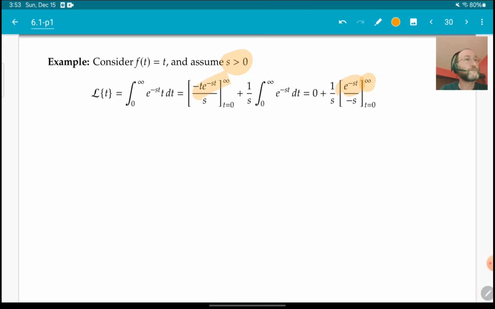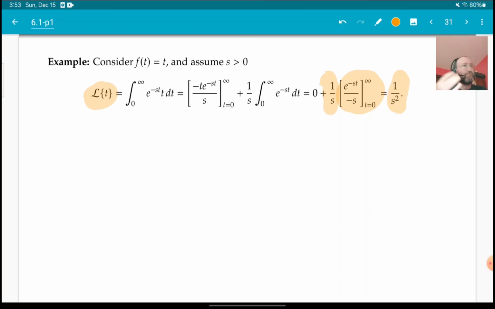So if you do that, you will notice that you get 1 over s, and then this is basically the same as the limit that we did before. That was 1 over s, but now I'm also multiplying by 1 over s, so I had 1 over s squared. So that's the Laplace transform of t. Laplace transform of t is 1 over s squared.